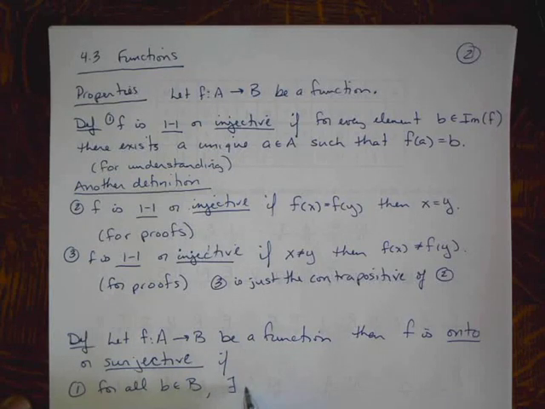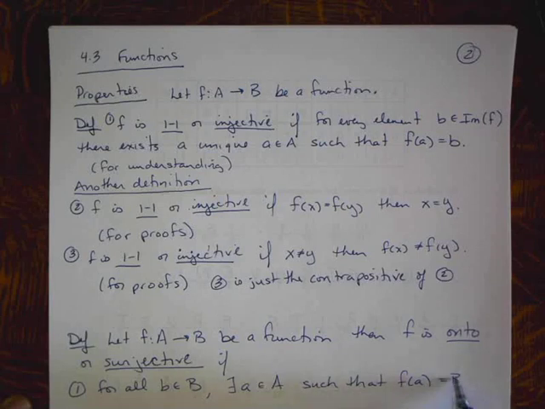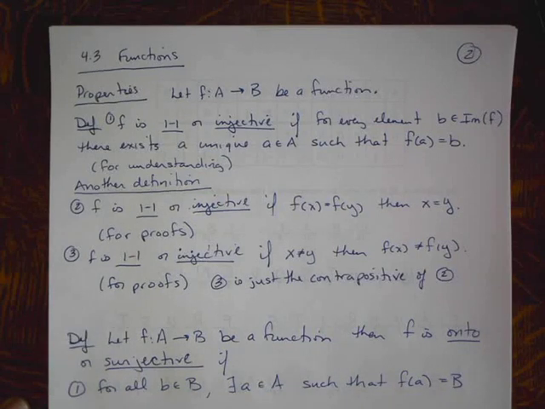It will be onto if for all elements B in the codomain there exists an element A in the domain such that f of A equals B. Notice there's no uniqueness condition here. And really what that is saying is that the image of f is just equal to the codomain of f.